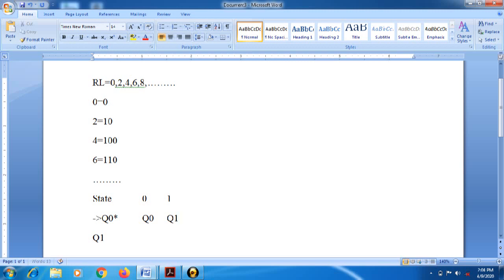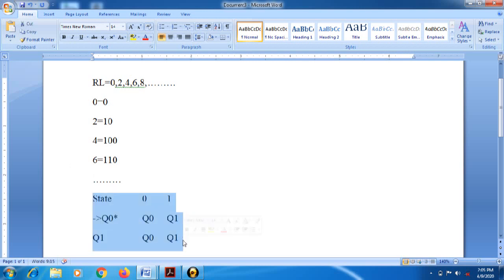The same with Q1. Q1 with 0 goes to Q0 because it goes to the acceptance state, and Q1 with 1 remains in the same state. So this is the transition table for our first question.